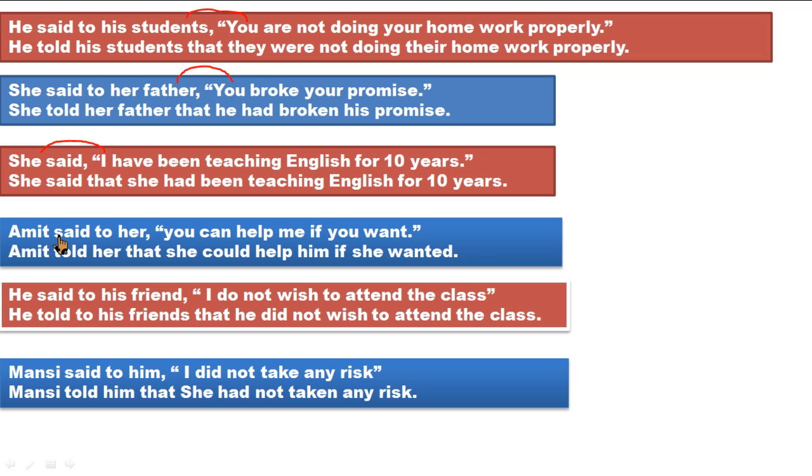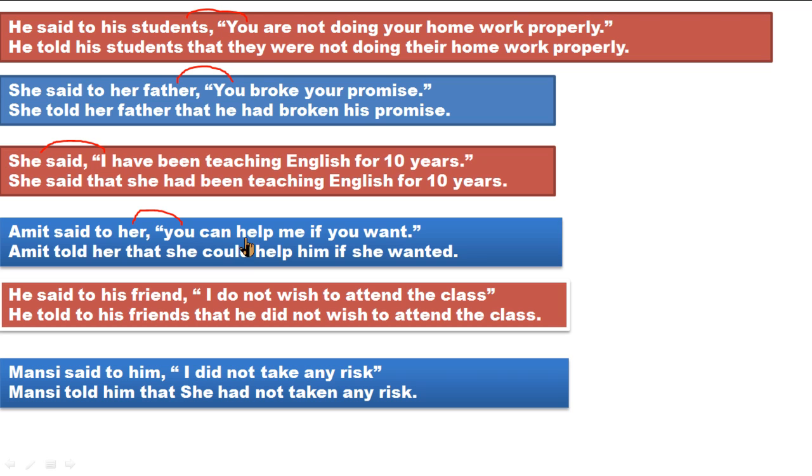And see the next sentence. Amit said to her, "You can help me if you want." Amit, we wrote told, because said to is changed into told. Then we use that. You is the second person and the second person is changed according to object. Object is her, so we wrote she. Can becomes could.